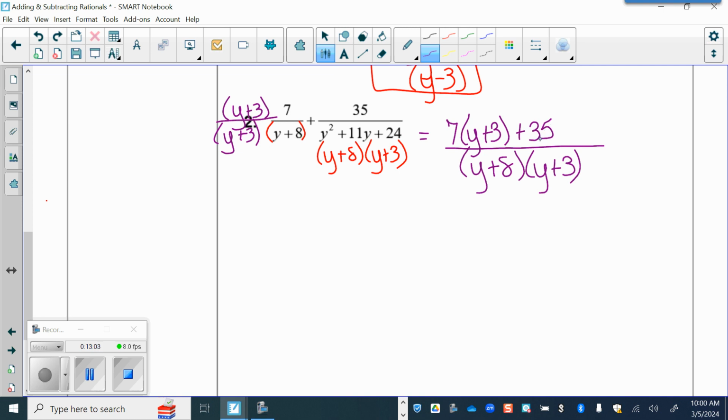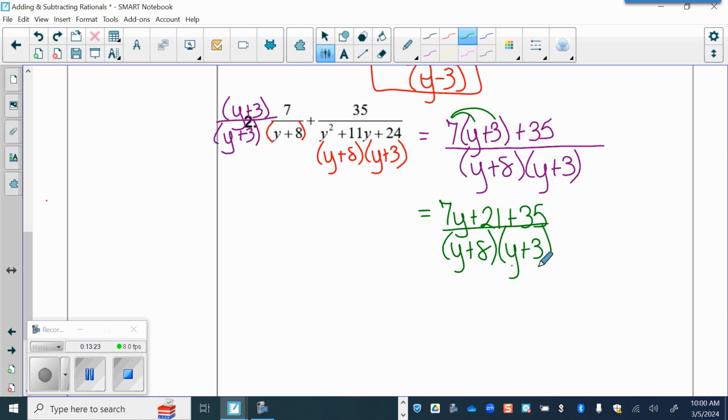Let's clean this up. Distribute: 7y plus 21 plus 35 over y plus 8 times y plus 3. Combine like terms in my numerator: 7y plus 56 over y plus 8 times y plus 3.